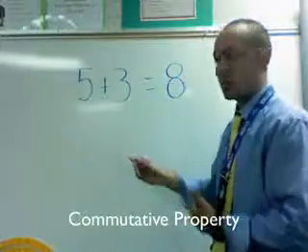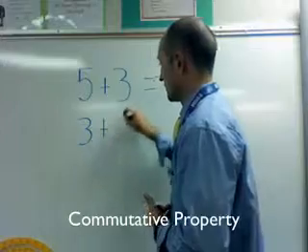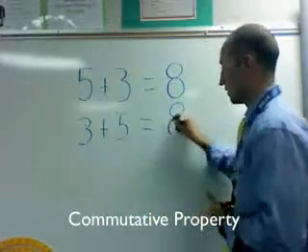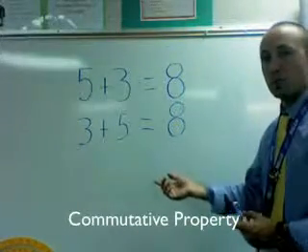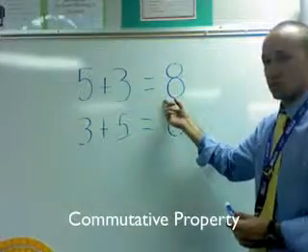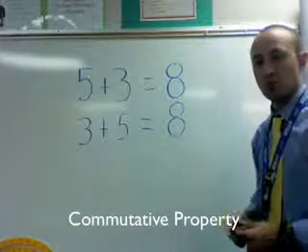Now the commutative form of this would be to write down 3 plus 5. And like we said before, we still get the answer of 8. So commutative property for addition, it's writing down a problem and getting an answer, switching the places of the numbers, and still coming up with the same answer.